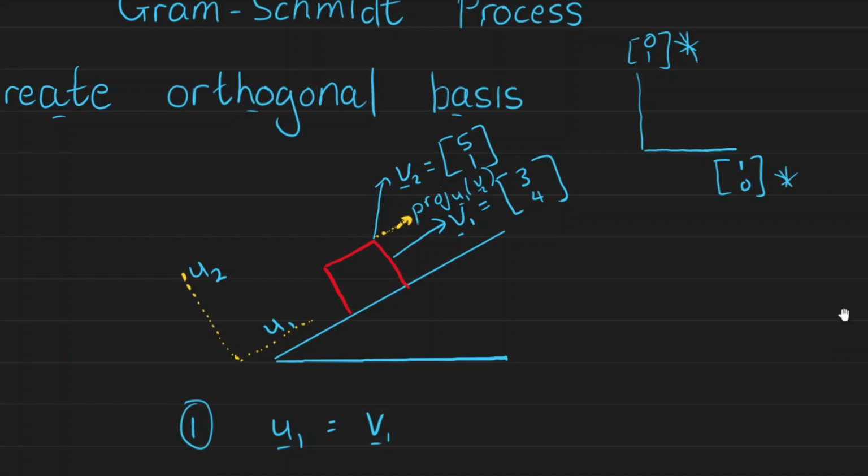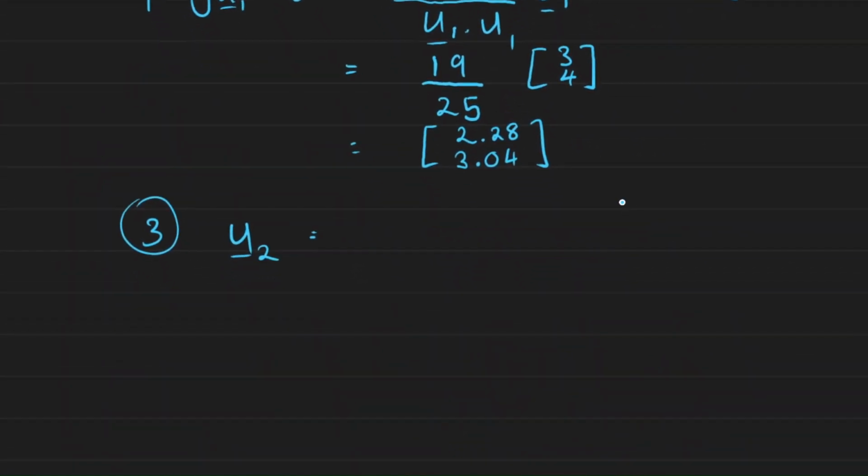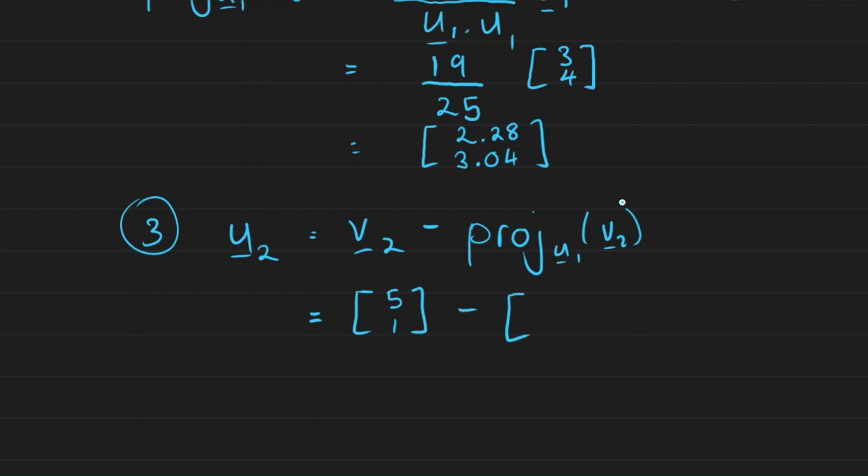That's a basic fact of vectors that people study in elementary study of vectors. That's easy to see. So it's going to be v2 minus the projection of v2 on u1. So v2 was given as 5, 1. This is now subtracted from 2.28 and 3.04. So the coordinates of u2 are 2.72 and minus 2.04.